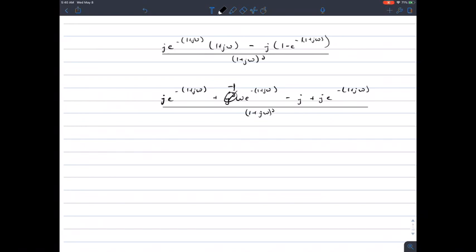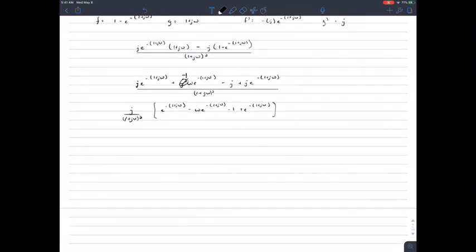So it's going to be j over (1 plus j omega) squared, times [e to the negative (1 plus j omega), minus omega e to the negative (1 plus j omega), minus 1, plus e to the negative (1 plus j omega)].